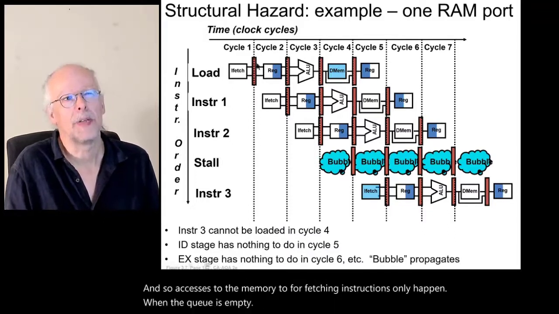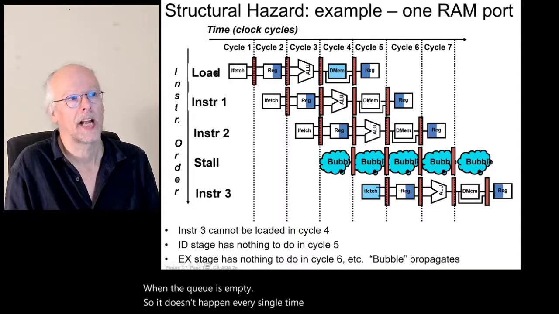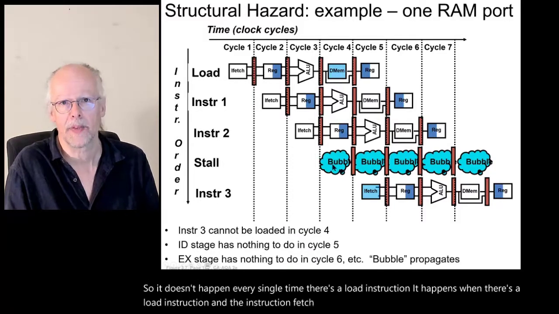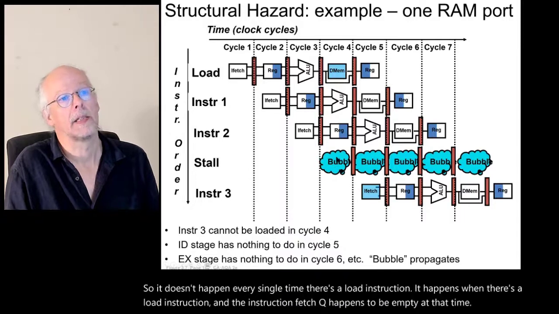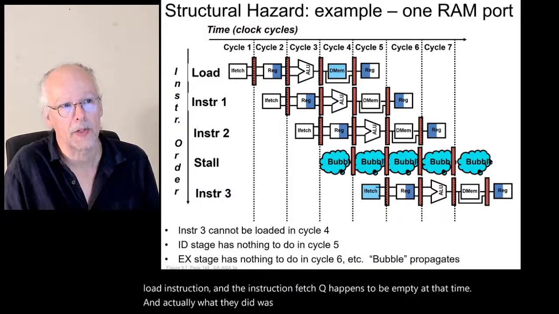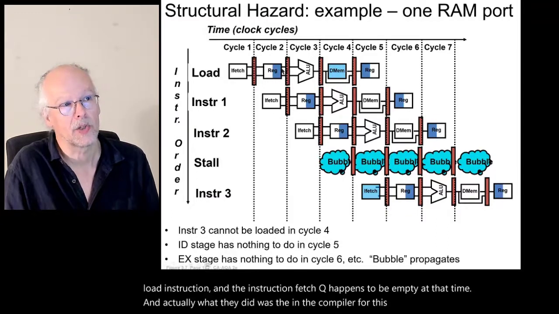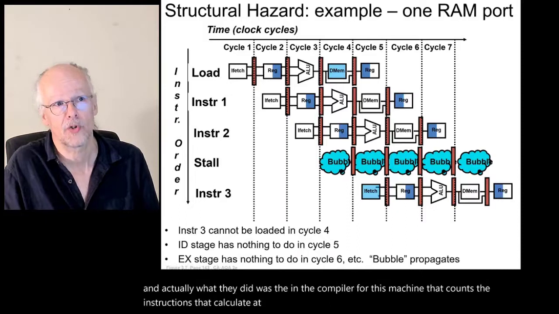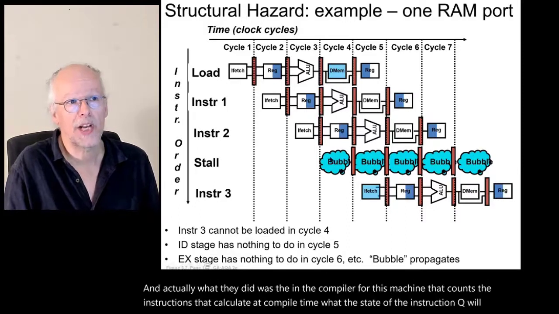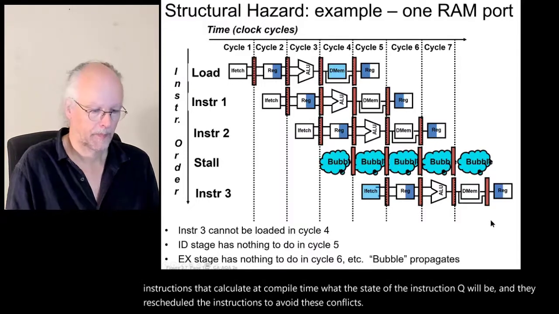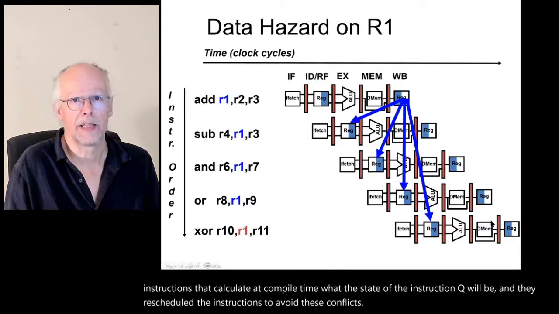So it doesn't happen every single time there's a load instruction. It happens when there's a load instruction and the instruction fetch queue happens to be empty at that time. And actually what they did was in the compiler for this machine, they count the instructions, they calculate at compile time what the state of the instruction queue will be, and they reschedule the instructions to avoid these conflicts. So that's a structural hazard.